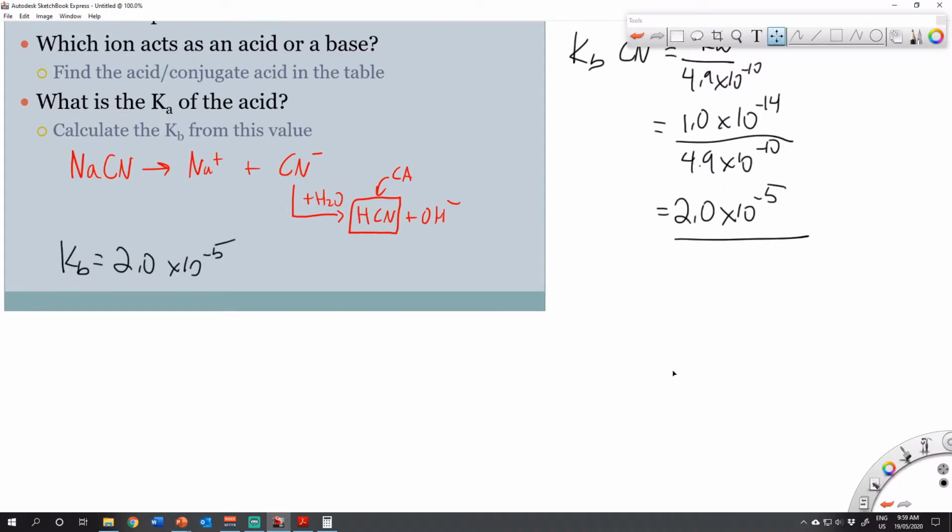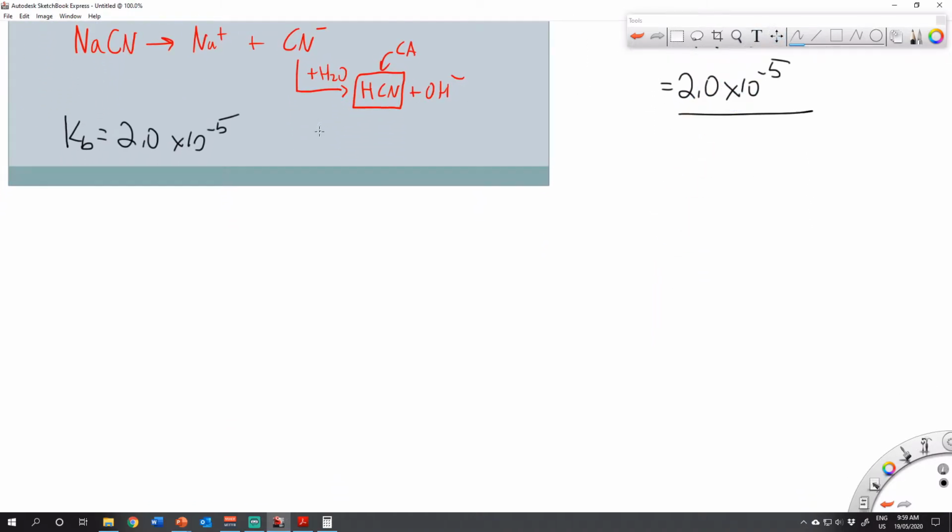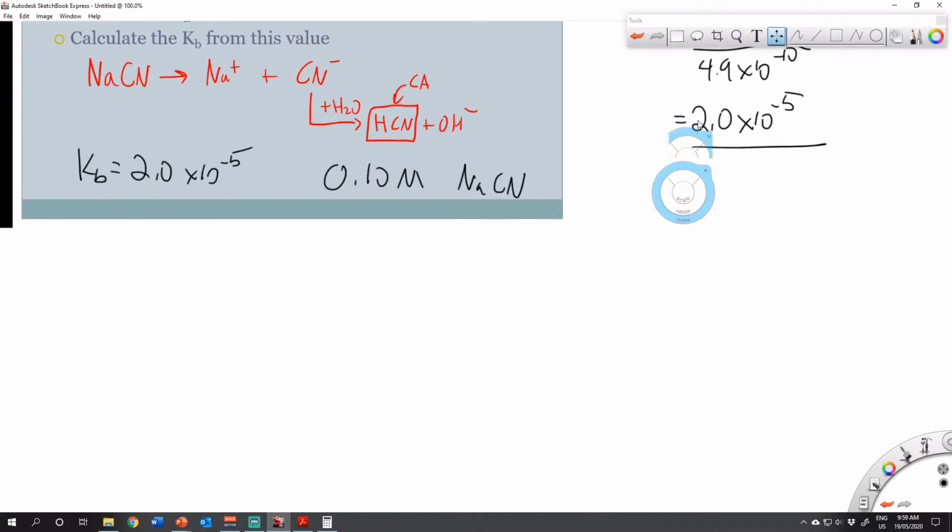Now we need our RICE table. Write down that we have 0.10 molar. Okay, and because we know that this will fully dissolve, 0.10 molar NaCN will translate to 0.10 molar CN minus.